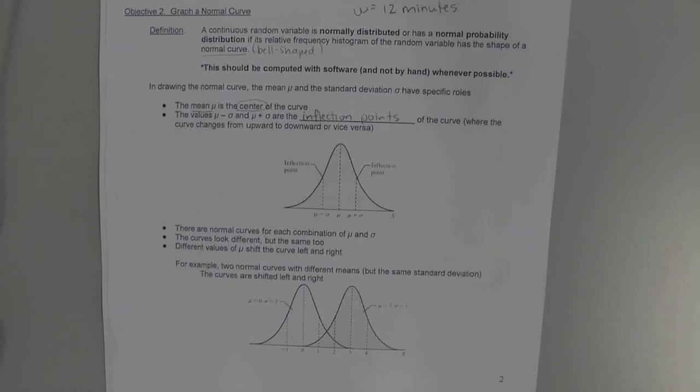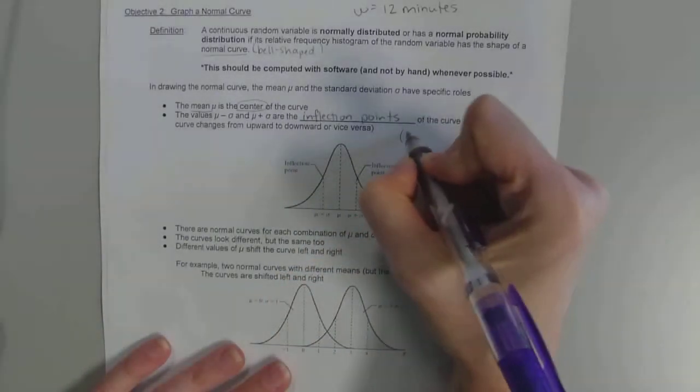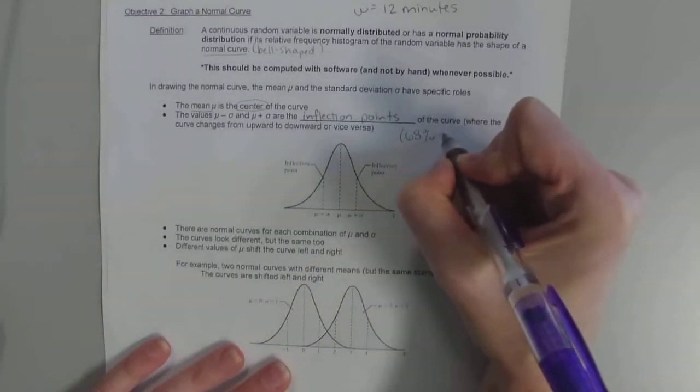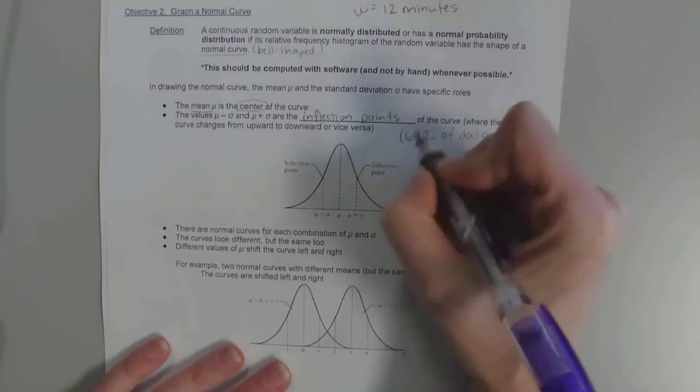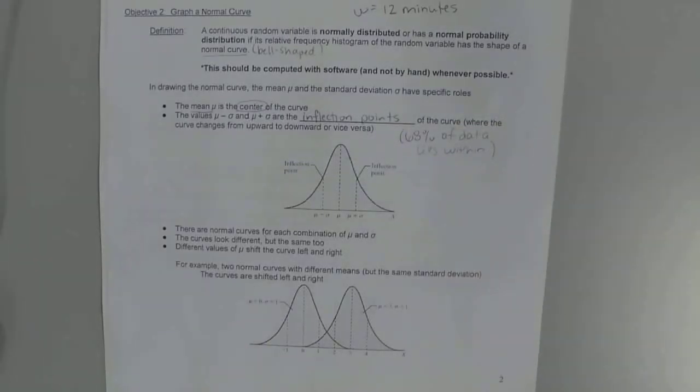That's exactly one standard deviation away from the mean. Why is that important? Does anybody remember the empirical rule? 1 standard deviation out, 2 standard deviations out, 3 standard deviations out. So 68% of our data lies within those two, right? So keep that in mind.